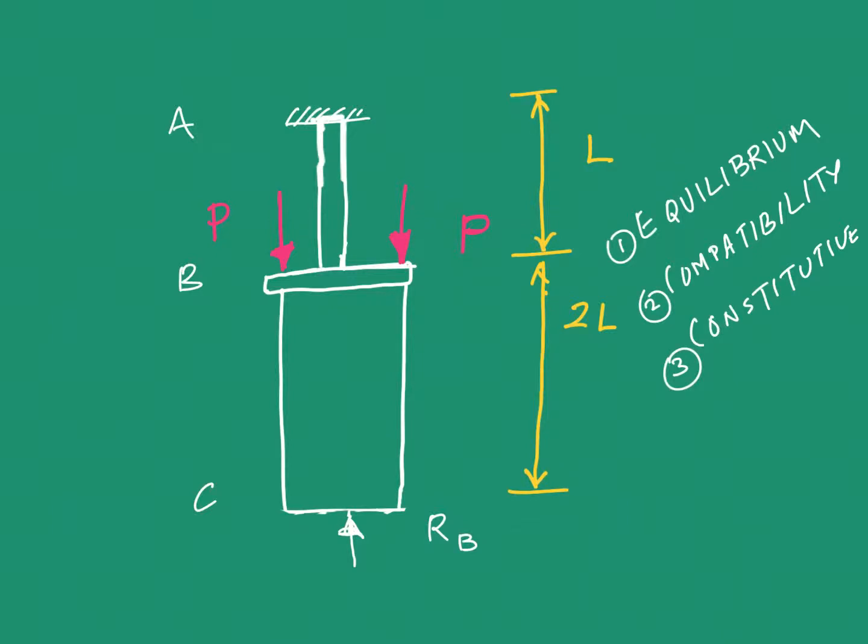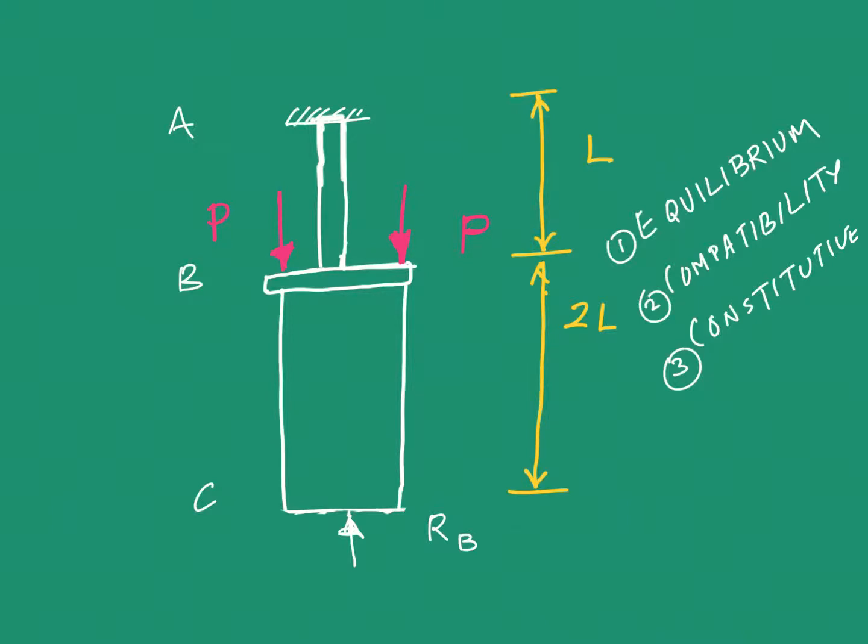So these are the three rules which you need to keep in mind while solving every particular problem. In solving this problem, I can take into consideration equilibrium and then find out the resultant force acting in each of these members. Then there comes the second one, compatibility. If you look closely, in the actual problem, this point C is rigidly fixed. So when we solve this problem, we will get some amount of displacement for the point C, isn't it? It will be non-zero.